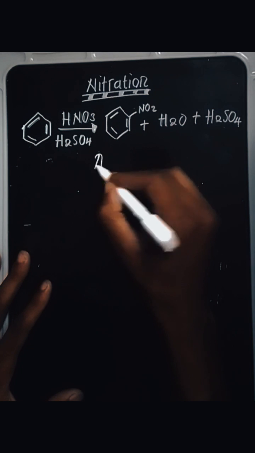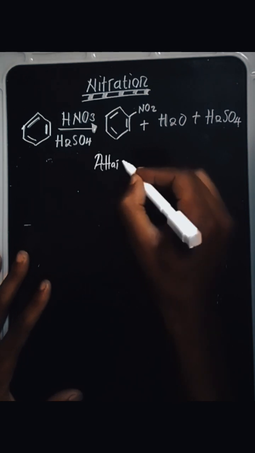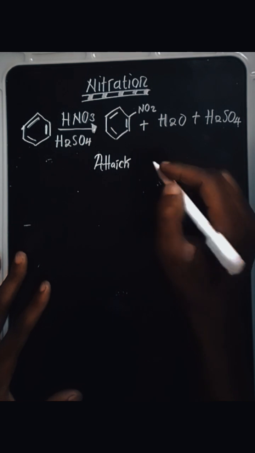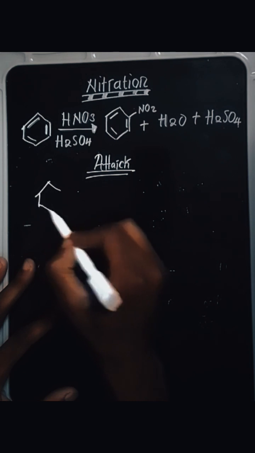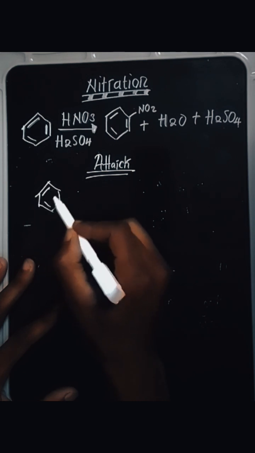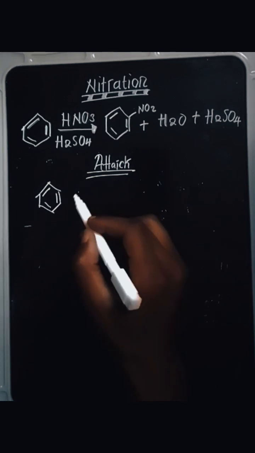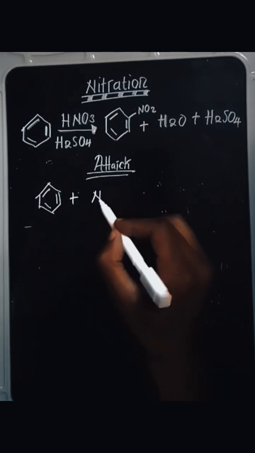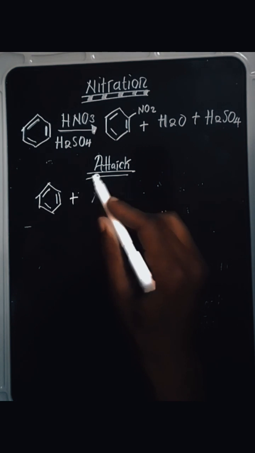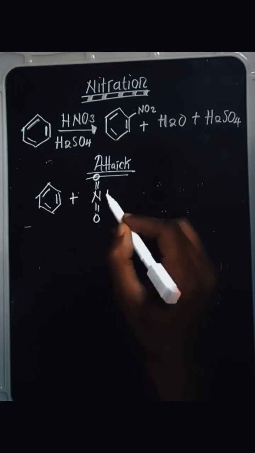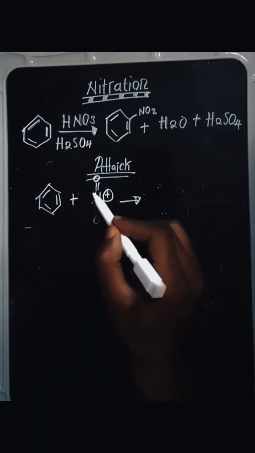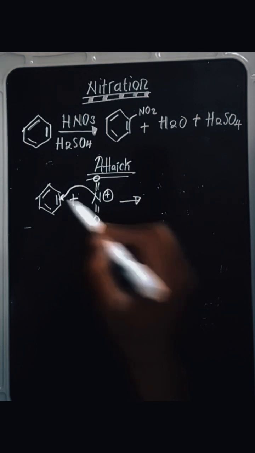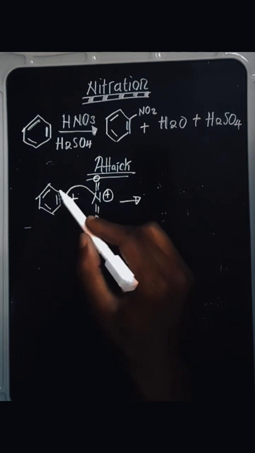Second step, attack, right? So let me show you how that will happen. So you start off with your benzene like that, and then you're using your electrophile. What do you expect to produce? So this electrophile could attack this bond here, and when it does that, it could either move here or move here.